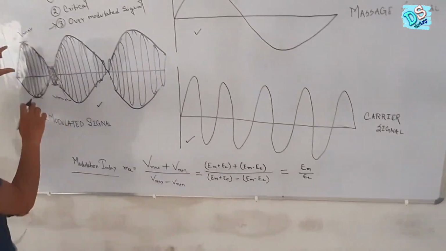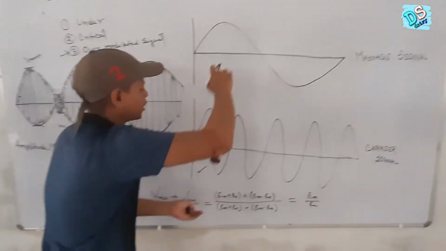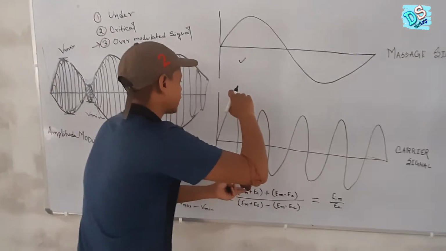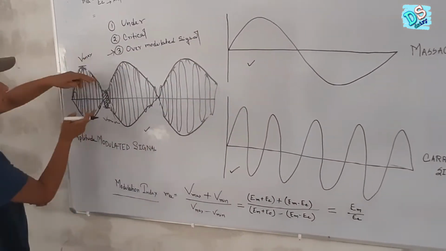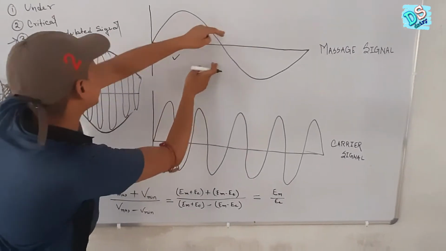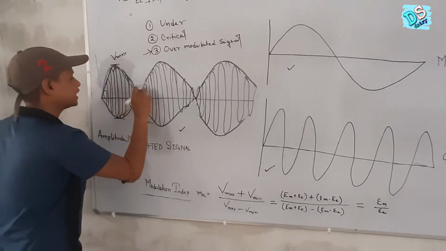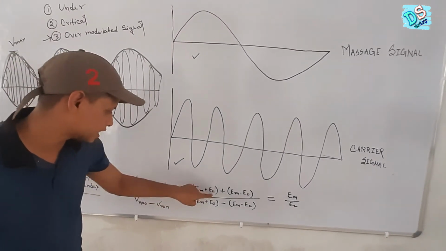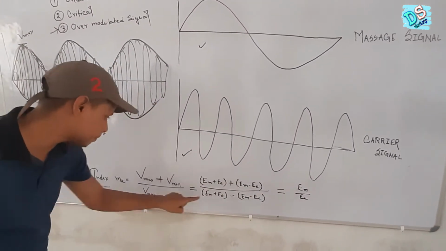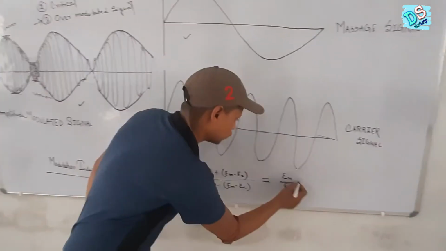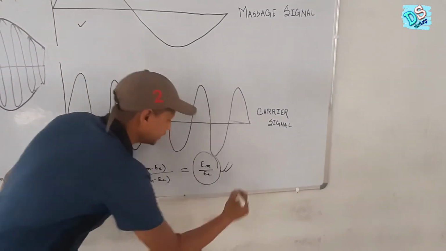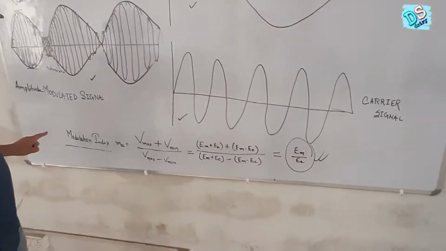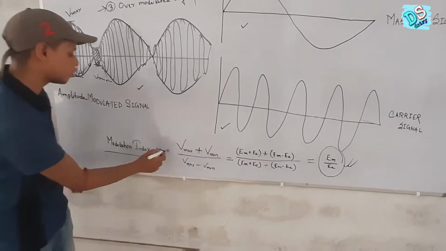Em plus Ec means this portion is actually the message signal and the carrier signal, both called amplitude, added here and the amplitude is deducted here. So we are going to calculate Em plus Ec minus Em minus Ec by Em plus Ec plus Em minus Ec, and this will be the value of modulation index.